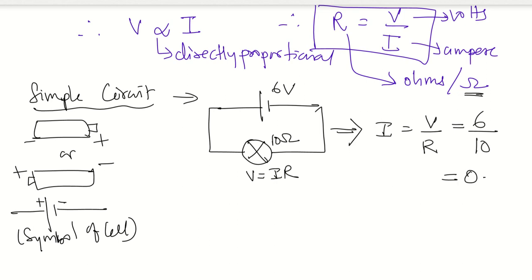So in this circuit your current is 0.6 ampere. Sometimes ampere is shown as A. This is positive, this is negative, so your direction of current will always be from positive to negative. What is the direction of electron then? Electron is negative to positive, but your current direction is positive to negative, they are reversing each other.